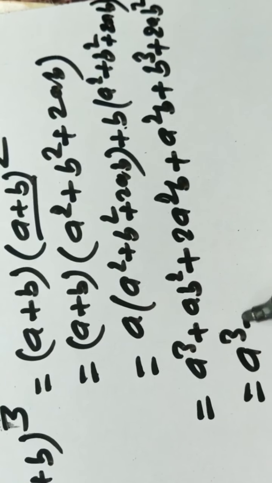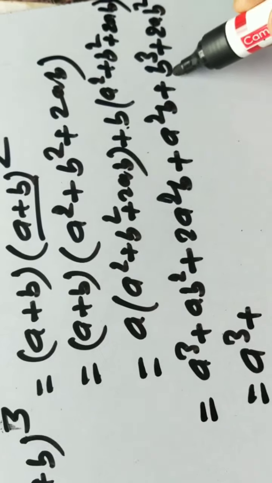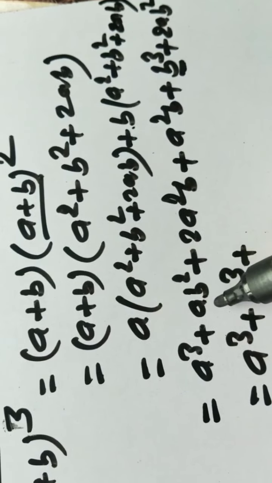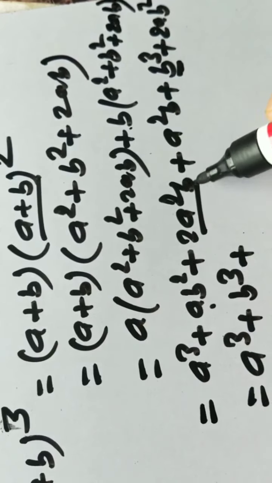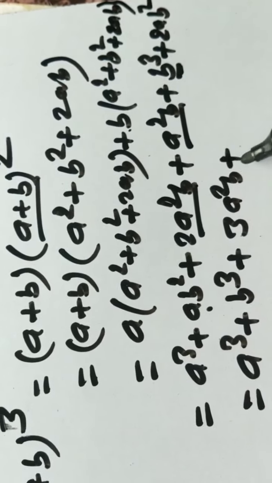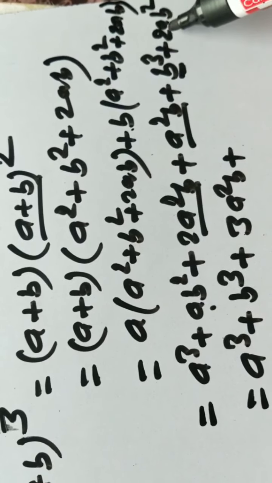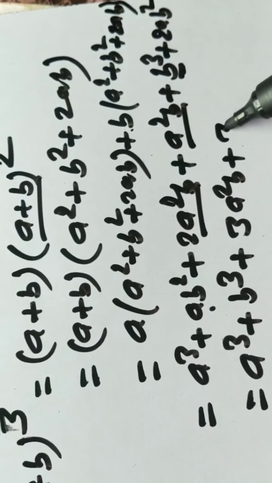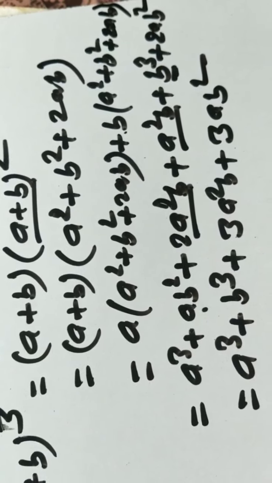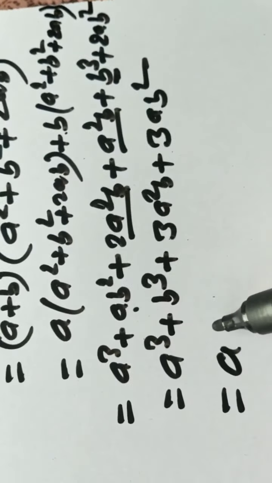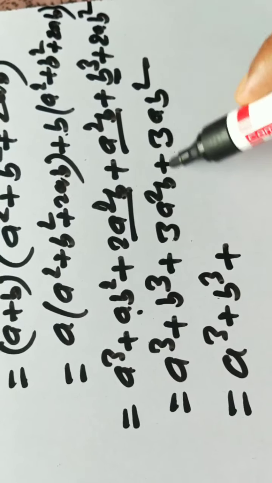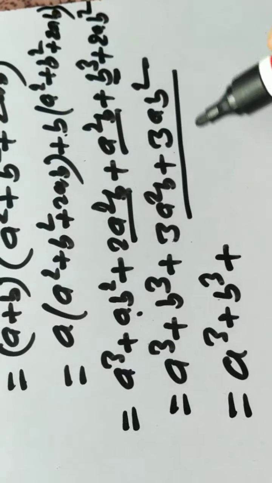Now write the a³ first, and then b³ is here. 2a²b plus a²b will be 3a²b, and ab² plus 2ab² will be 3ab². Then it will be equal to a³ + b³ + 3ab is common in these two terms.